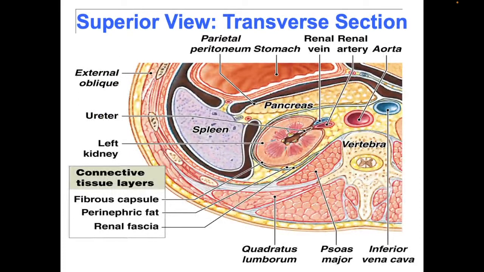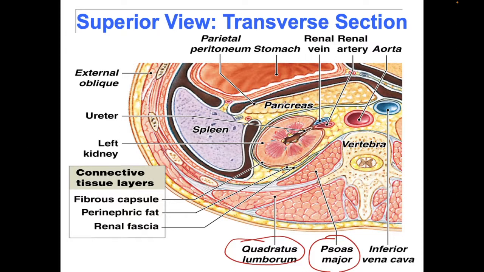So again, when we look at it from a close-up view, we can see a few different things here. Again, you can see the vertebrae. You can see the musculature, like the psoas major, which is a hip flexor. You can see the QL, the quadratus lumborum, that goes from the ribs to the pelvis.